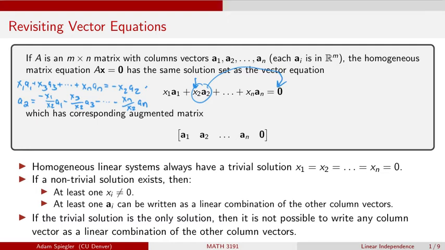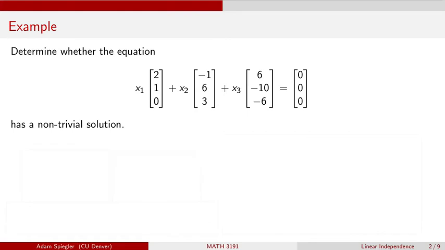Let's dig a little deeper into this connection between solving the homogeneous matrix equation Ax equals 0, and what that tells us about the column vectors of matrix A. Okay, so let's consider the following homogeneous vector equation: x1 times the vector (2, 1, 0), plus x2 times the vector (-1, 6, 3), plus x3 times the vector (6, -10, -6), all equal to the 0 vector (0, 0, 0).